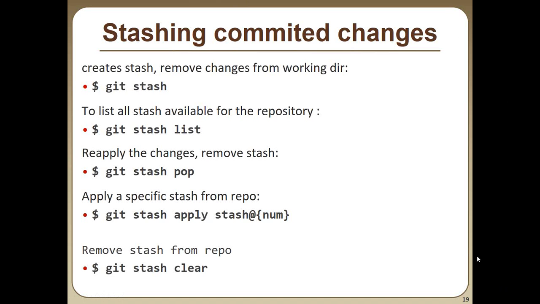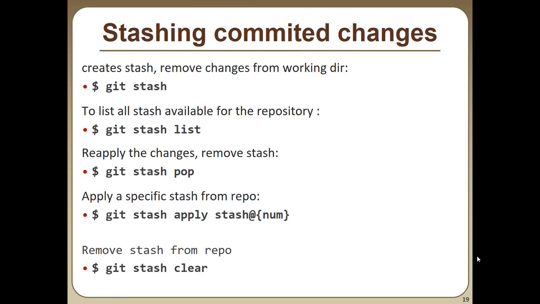So when you have done a change, which could be on a single file or multiple files, and before going into the staging area or committing it, if you feel that you want to take a backup, then you will do a git stash, where git stash does 2 things.